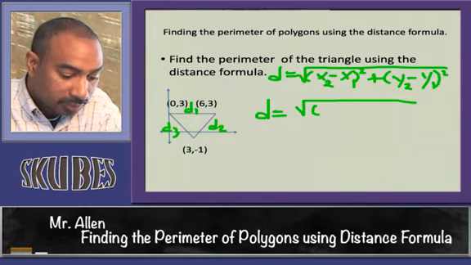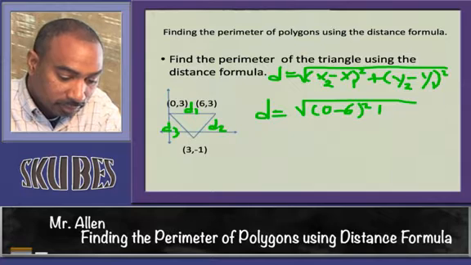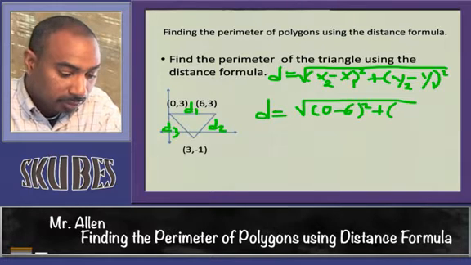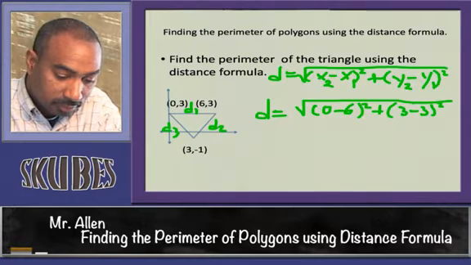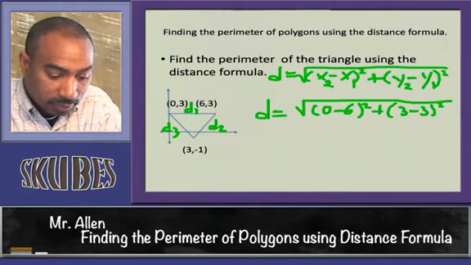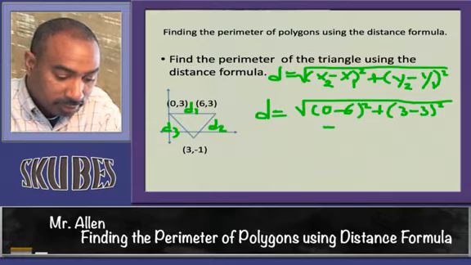All right, so you're going to have 0 minus 6 squared, and you're going to have 3 minus 3 squared. So you'd have negative 6 squared plus 0 squared.